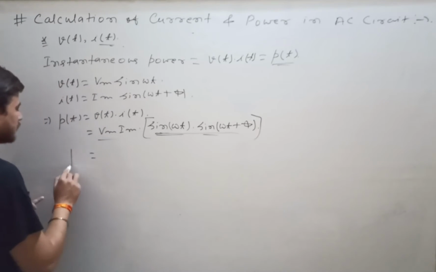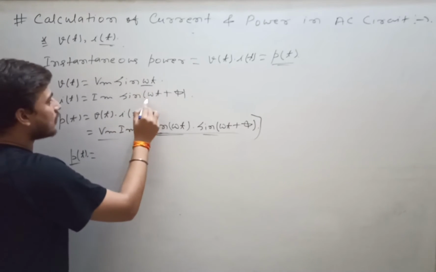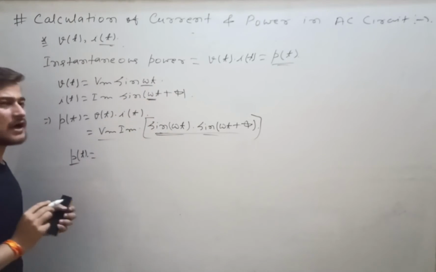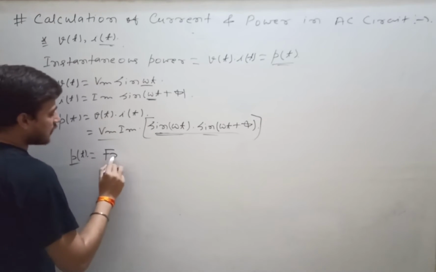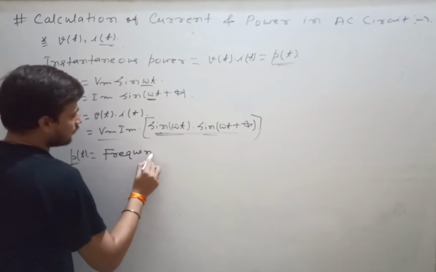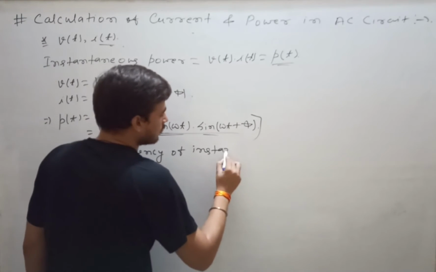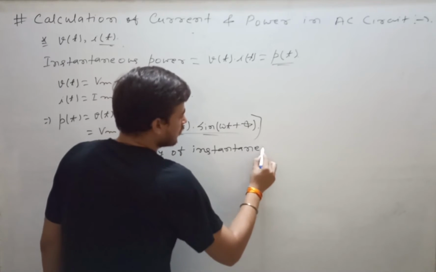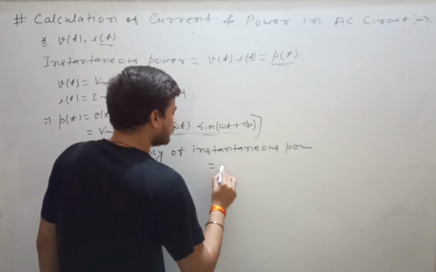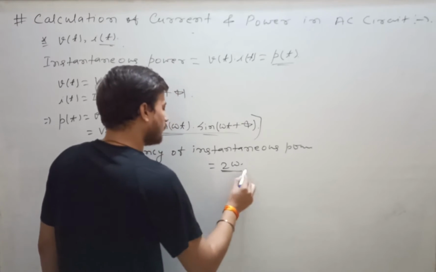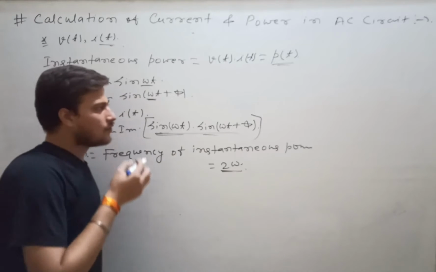So you will see that the frequency of current and voltage is omega, but the frequency of instantaneous power will be equal to 2 omega. What does it mean?